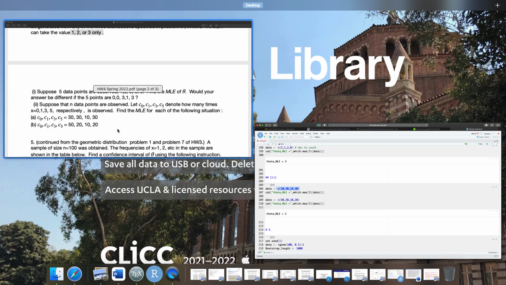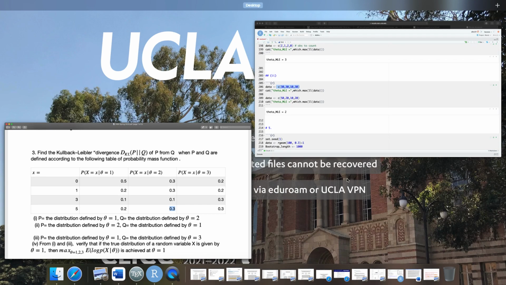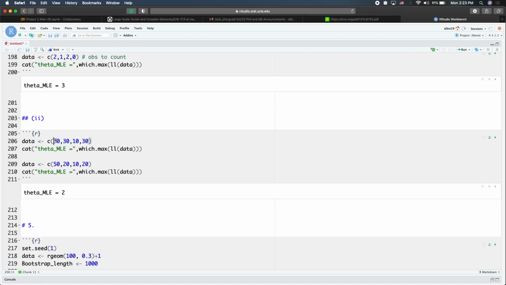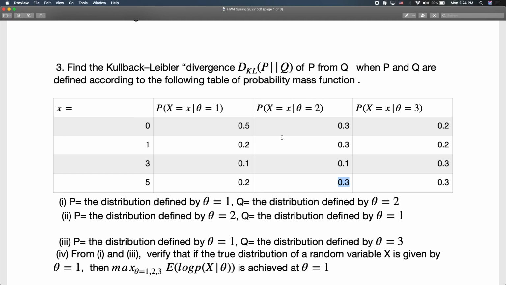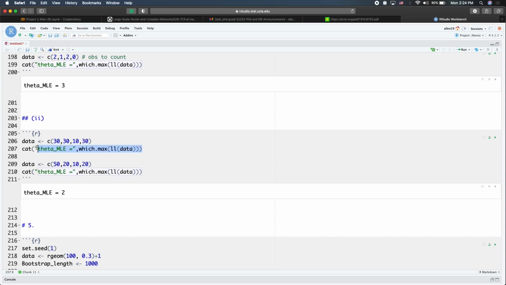So maybe we can also see this. You can see that the probability of getting a 0, a 1, and a 5 is 0.3. So of course, in this data set, we have more counts for 0, more counts for 1, more counts for 5, and fewer counts on 3. So basically, it's just another way to say this. But just by using the data, we also show that the MLE is achieved when theta is equal to 2.